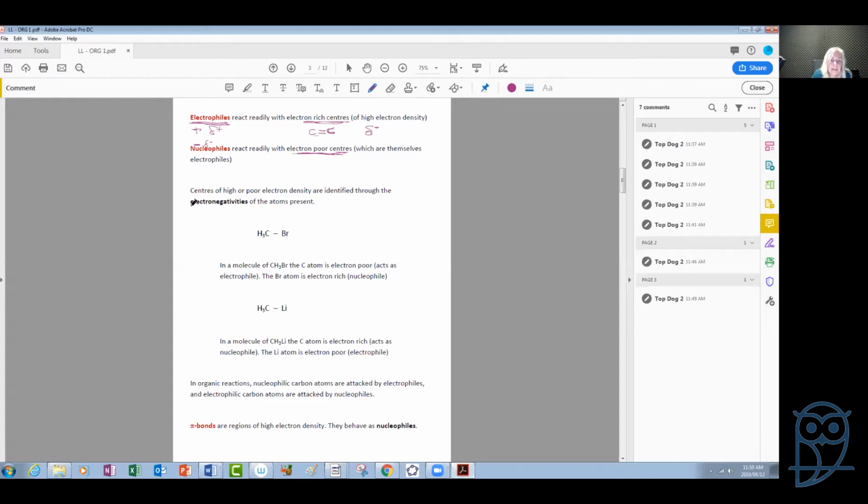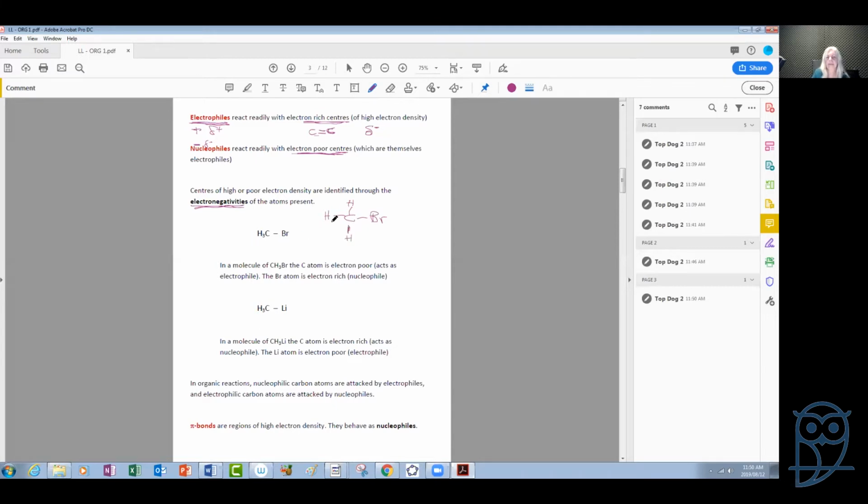So if we know the electronegativities of the atoms, then we can decide which one is the electron-poor or the electron-rich center. So here, for example, look at this compound. It's a bromomethane. One of the hydrogens has been replaced with a bromine.